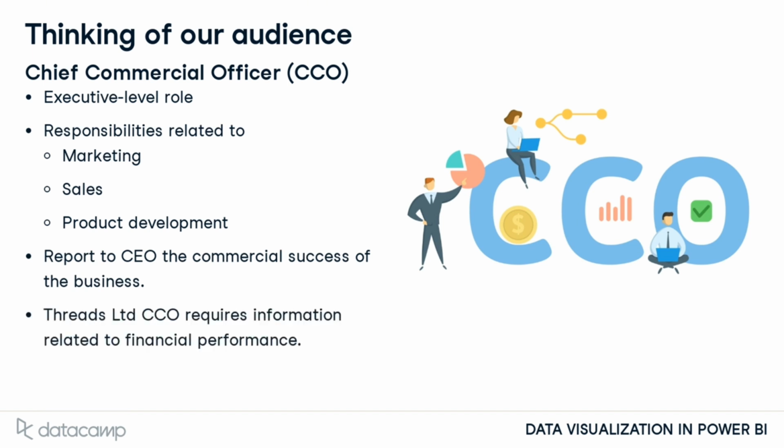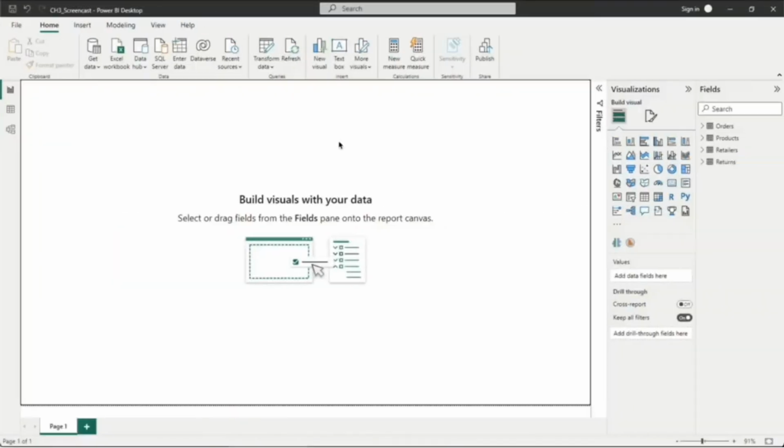The CCO of Threads Limited is interested in gaining more information related to the company's financial performance. This will include information related to the revenue, the sales amount, COGS, cost of goods sold, and even gross profit. As an executive, the CCO doesn't have ample time to review reports, so we will have to ensure to only include information and visuals that are important in answering the questions the CCO has posed for us.